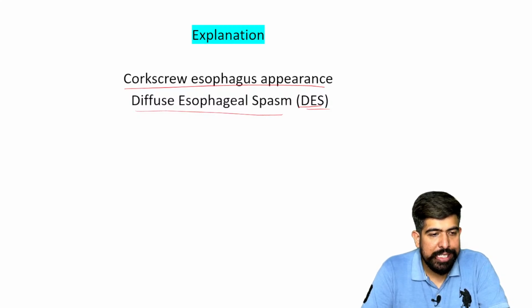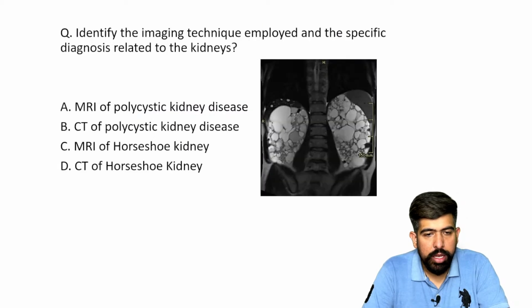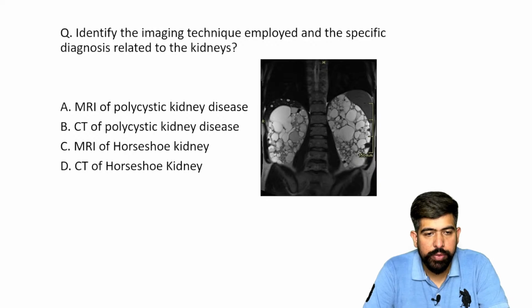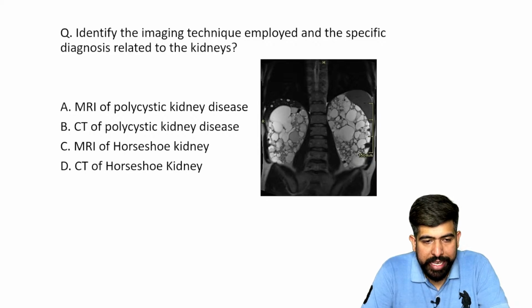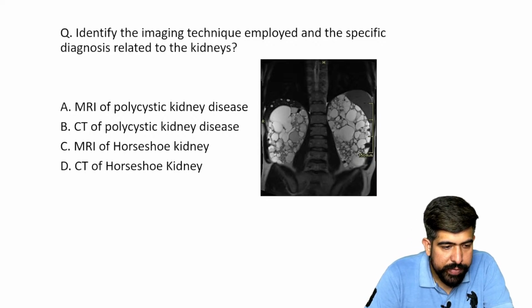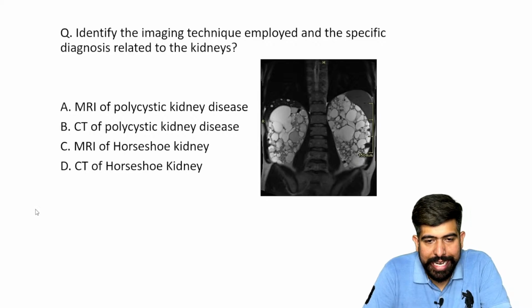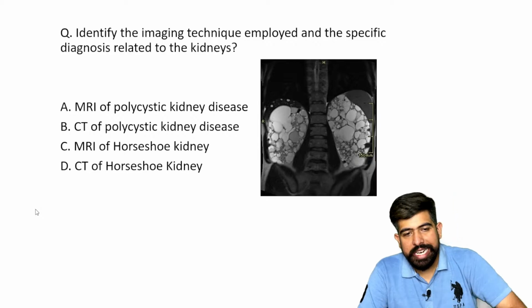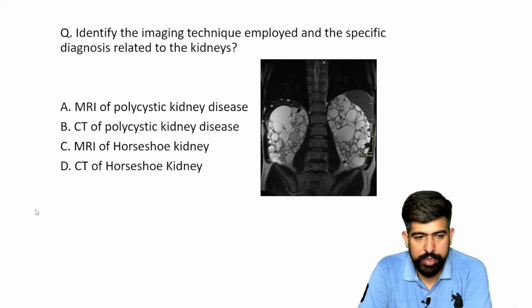Moving forward to the next MCQ. Very good MCQ, and please try to answer very well. Just see what they are asking you, and they are making you a little bit confused also. The image is given to you.